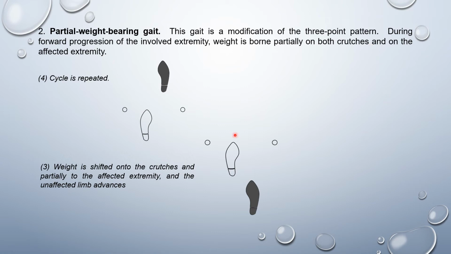So, first is you're going to advance your crutch. Okay, this one. And then after advancing the crutches, I mean. And then after that, baliktad ata itong indicator na to. So, you're going to advance here, ito yung tingnan natin. Yan. So, you're going to advance now the crutches.